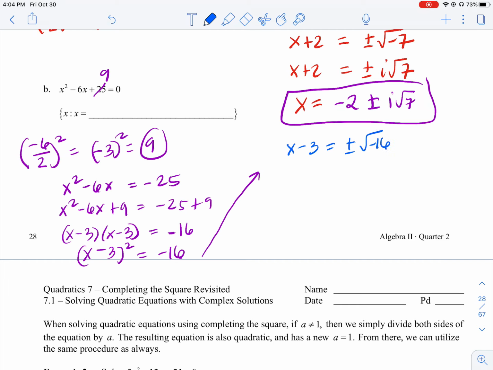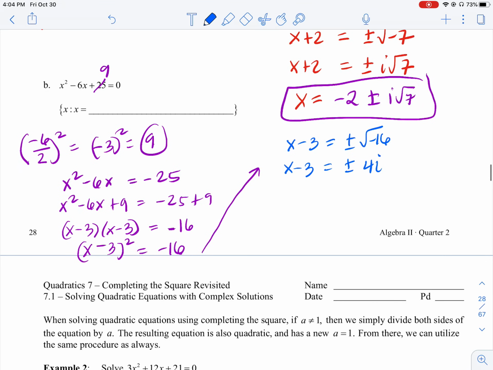And luckily, we have a square root of a perfect square. If that is a square root of a positive 16, I would have a 4. But because this is not the square root of a positive 16, it's a square root of a negative 16, our answer would be 4i instead of just a 4.